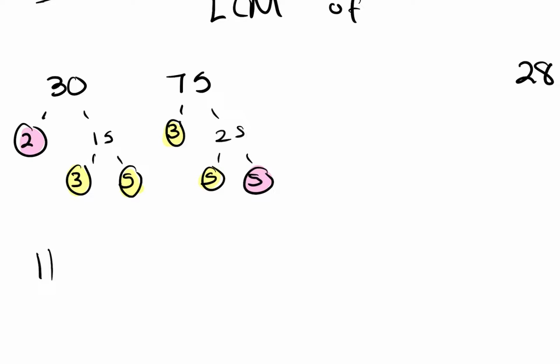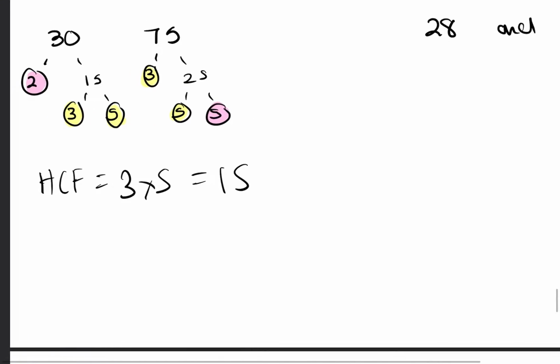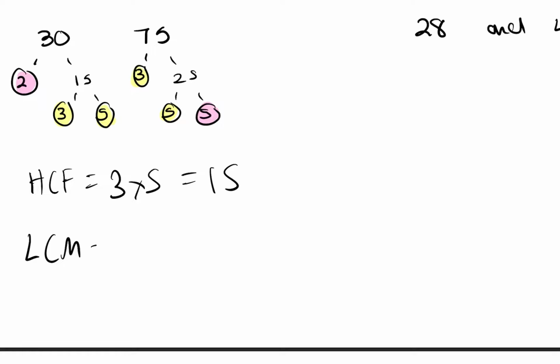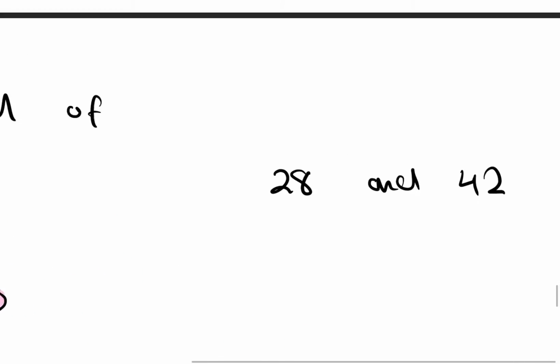So highest common factor is 3 times 5, which is 15. And the lowest common multiple is our highest common factor of 15 times what's left over, 2 times 5, and that's going to give us an answer of 30 times 5, which is 150. Great.